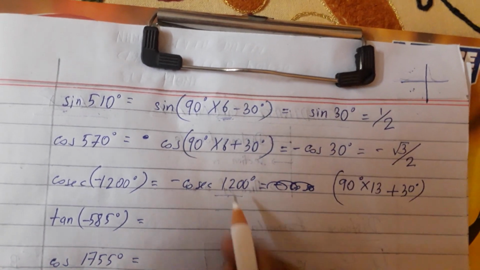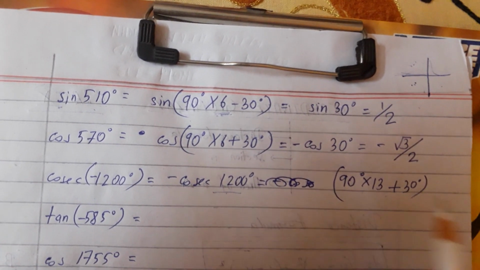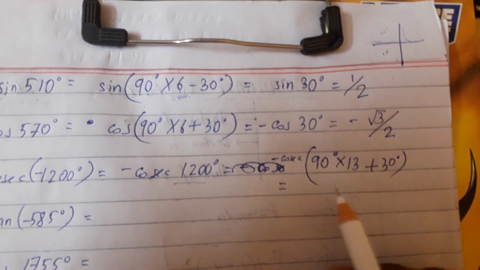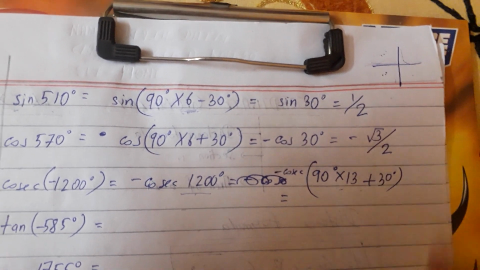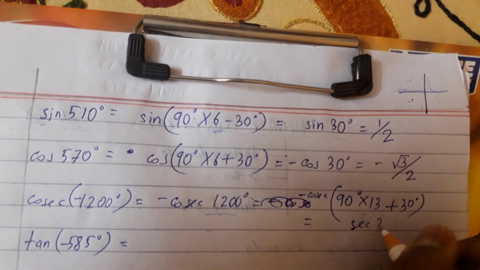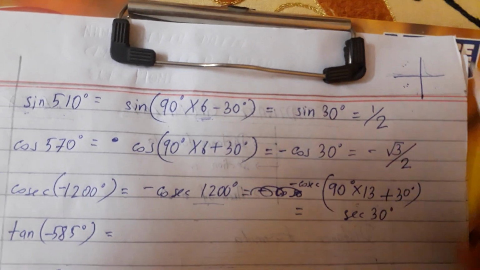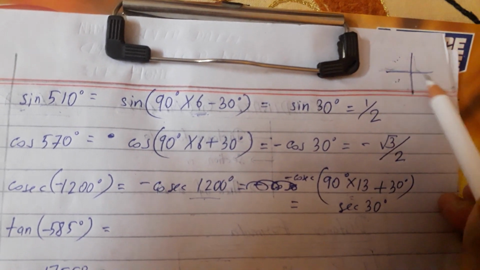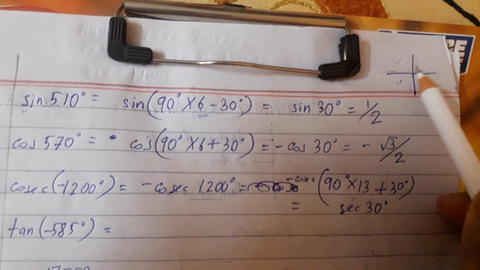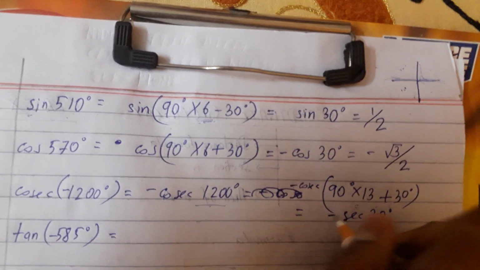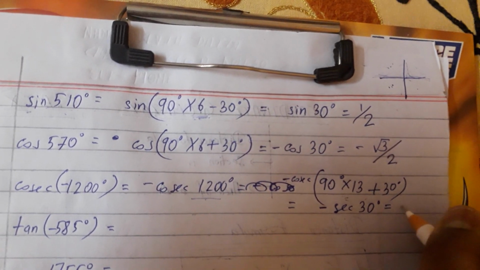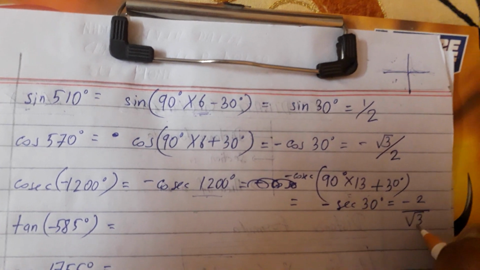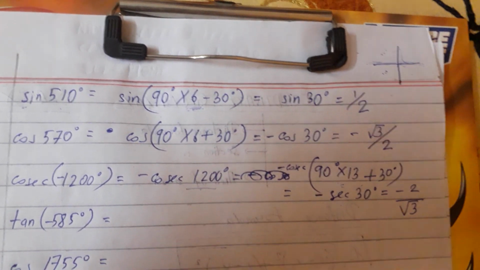Here 90 into 13 is written, and 13 is odd, so cosec will become sec 30 degree. And 90 into 13 plus, counting 1 2 3 4 8 12 and 13 plus, so this will be minus, so the answer will be minus 2 by root 3.